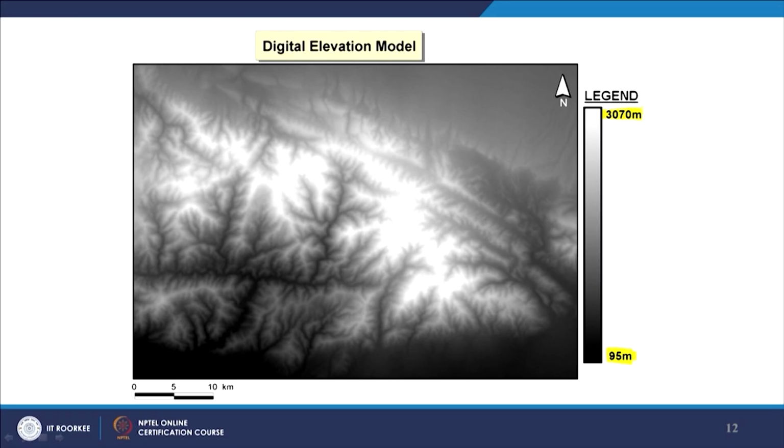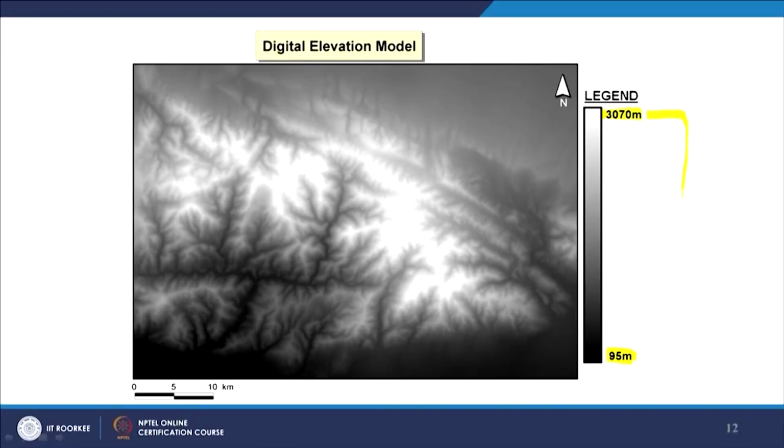So, this is the standard way of displaying a digital elevation model. Just looking at this digital elevation model, one can get a feeling of the terrain, and also by looking at these minimum and maximum elevation values, you get a feeling that roughly in a 50 by 50 kilometer area one can have values varying between 70 and 95 meter.